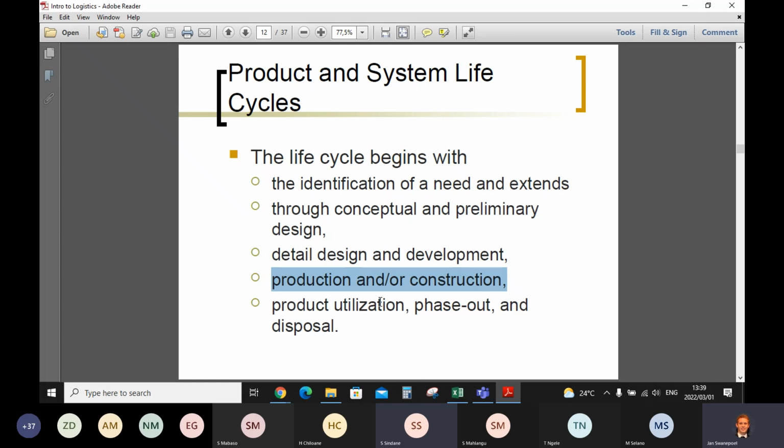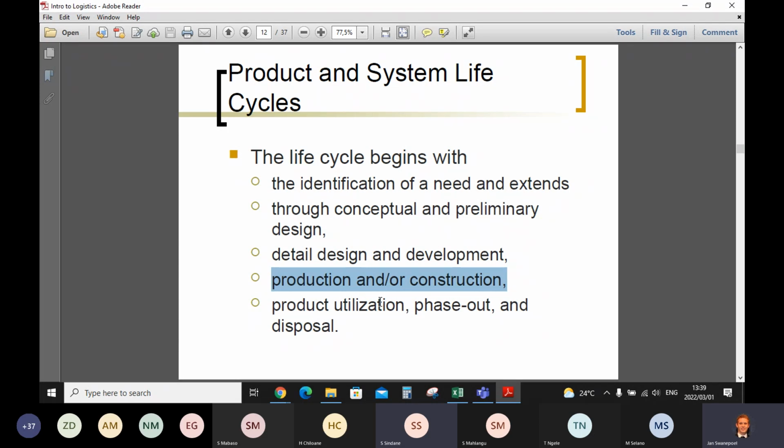They won the new Navara. So Nissan, the global Nissan company, decided to produce the Navara here at this plant. And this plant had to show that it can produce that. It had to show that it meets quality targets and all of that to be able to produce that product, right? So that's where production and construction comes in.